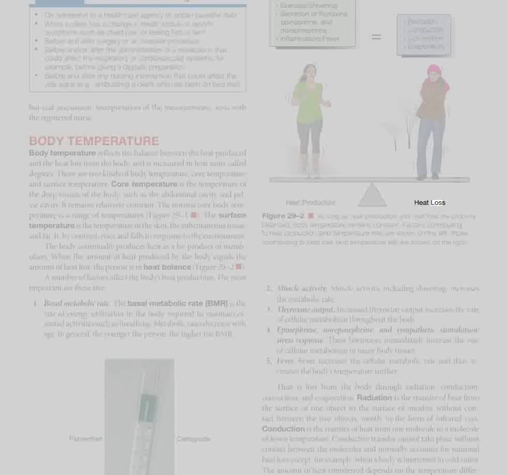Heat loss. Figure 29:2 As long as heat production and heat loss are properly balanced, body temperature remains constant. Factors contributing to heat production and temperature rise are shown on the left. Those contributing to heat loss and temperature fall are shown on the right.